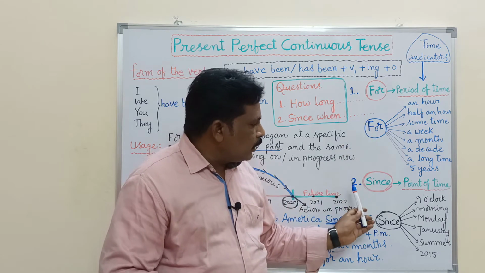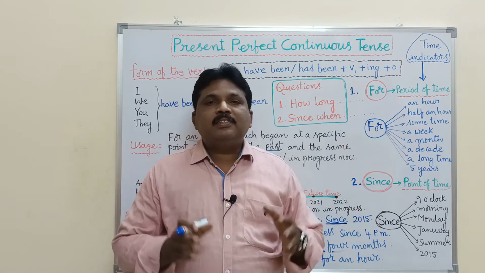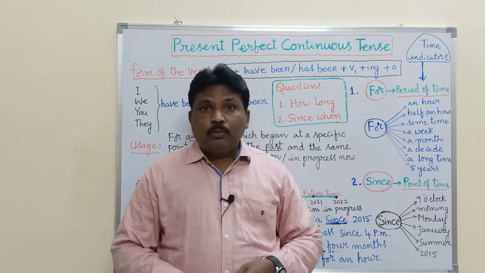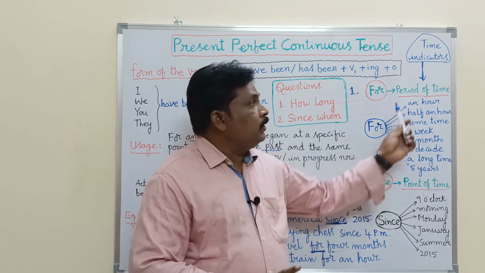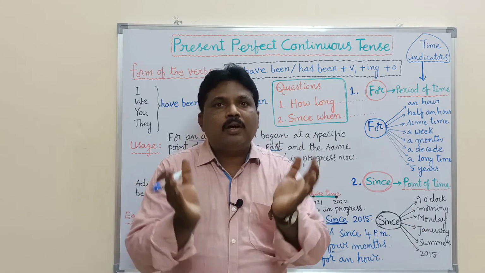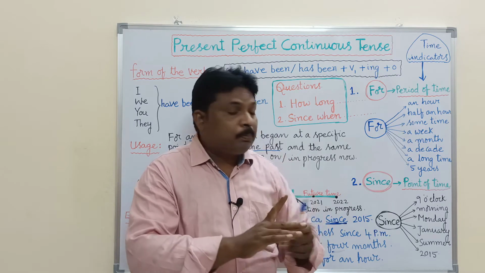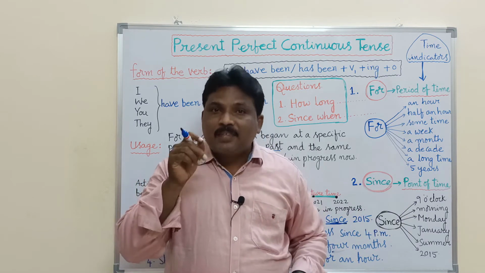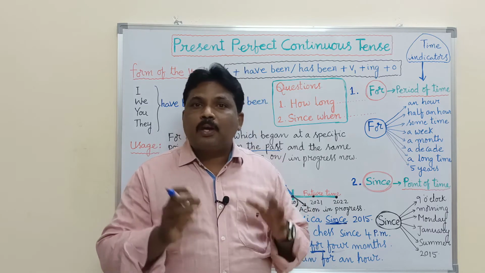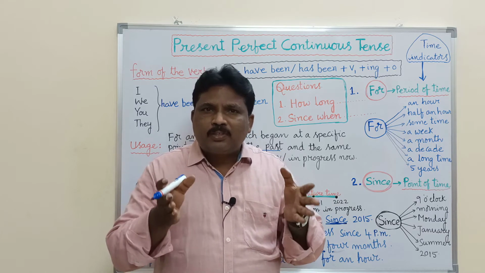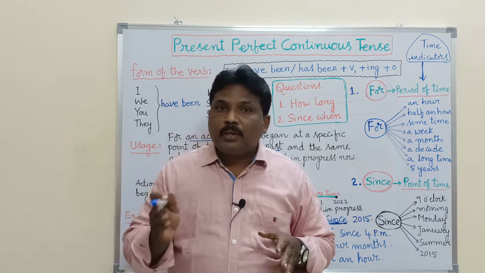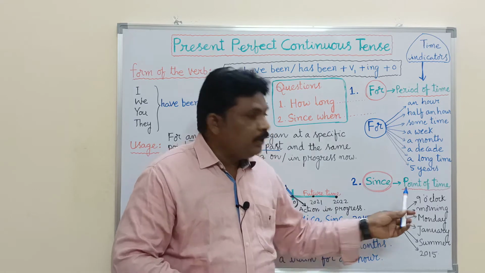Next, the second one is since. Since is used with a point of time. There is a lot of difference between period of time and point of time. Period of time means some amount of time, but point of time means the exact point where the action was started. So sometimes we give examples with a period of time, and sometimes with a point of time.